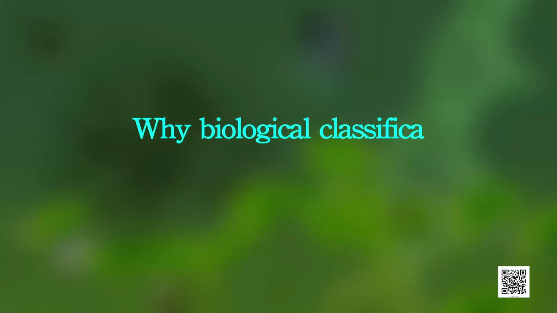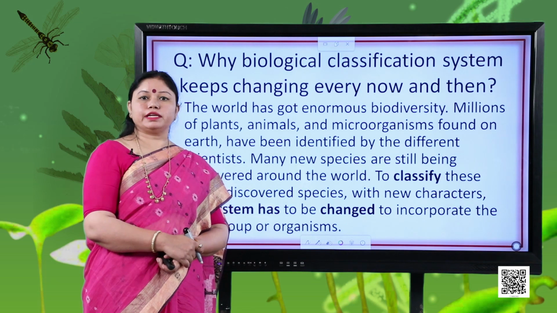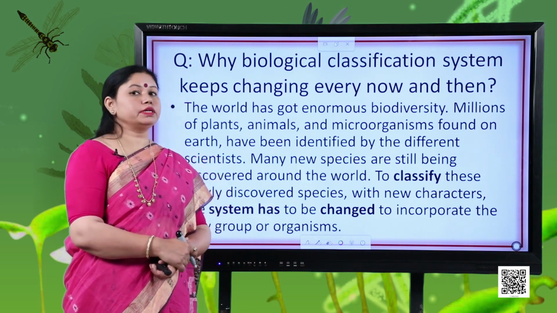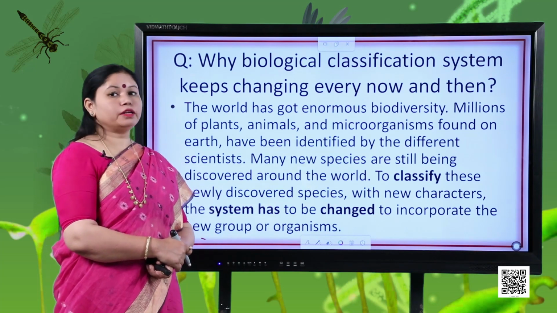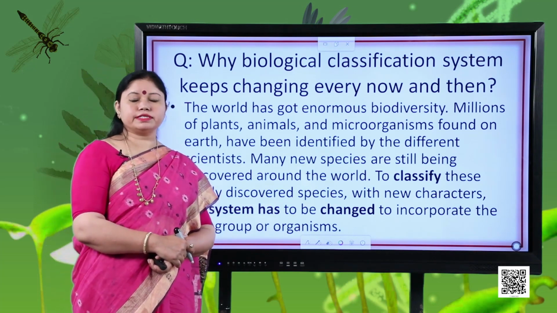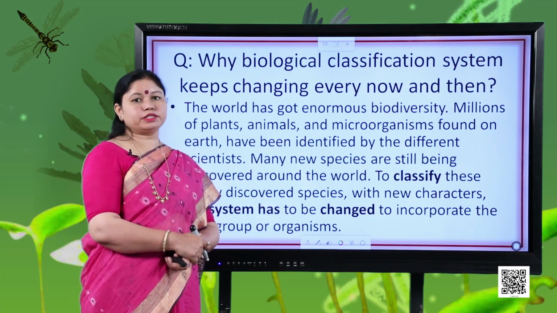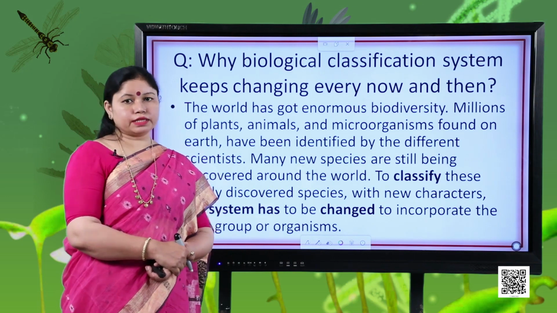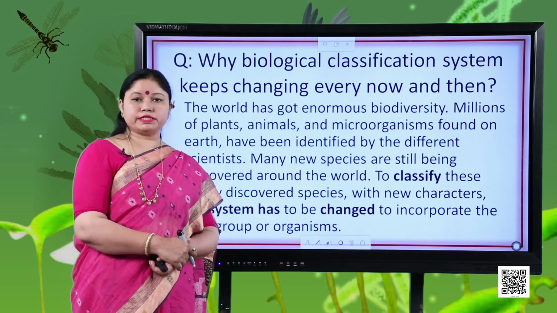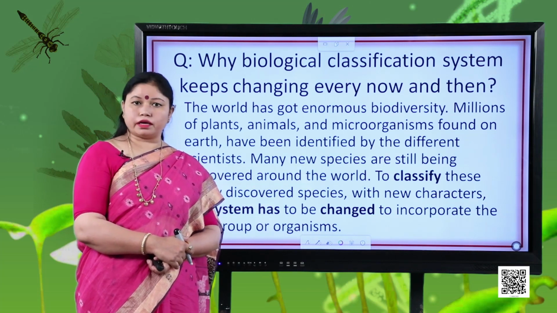Let's discuss a question. Why does our biological classification system keep changing every now and then? If we look at the history of biological classification, it goes back to Aristotle. Aristotle is also known as the father of biological classification. He was the first person on earth who felt the need of such classification while studying the animal kingdom. He classified various animals on the basis of their habitat, whether they lived on land, in water or in air.